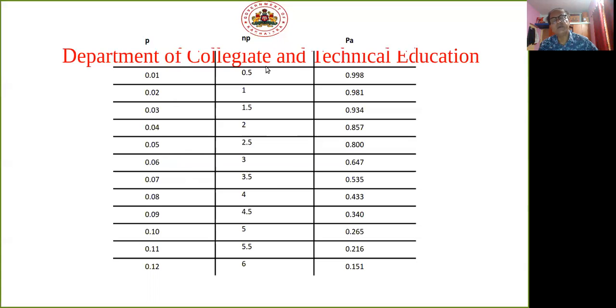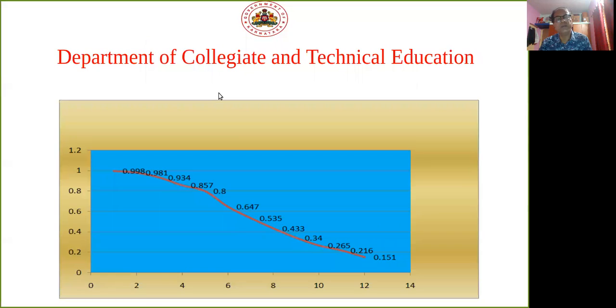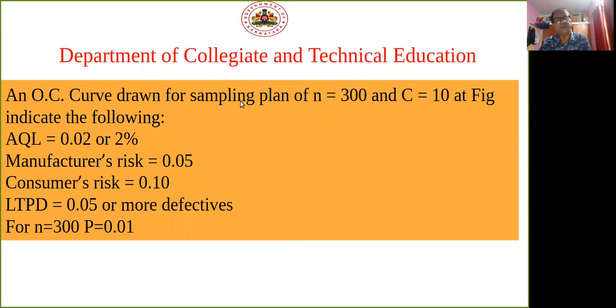With c equals 3, we can get all the values. Now we need to plot p versus Pa. When you plot p versus Pa, you get a curve that is called the OC curve.